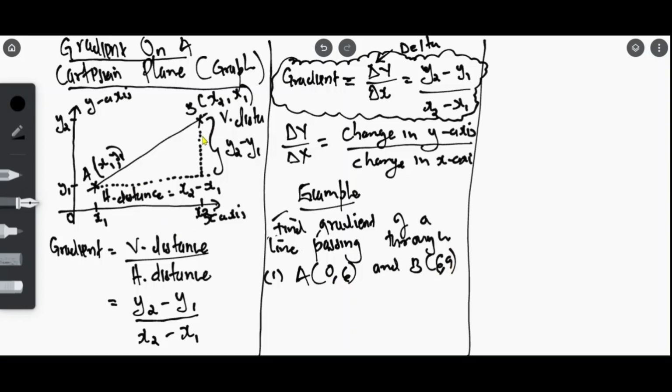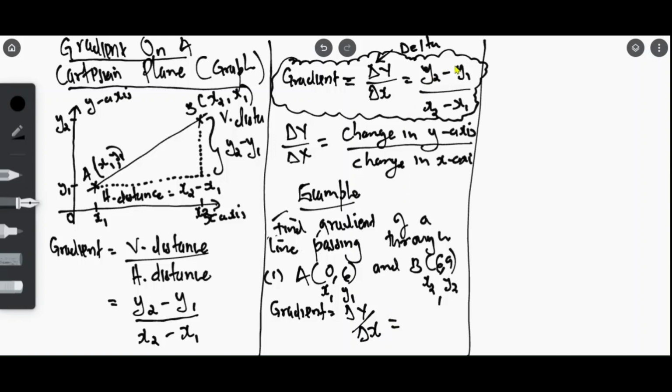So let me label these points. This one is x1, y1. This one is x2, y2. So the gradient is given by this formula, change in y all over change in x.